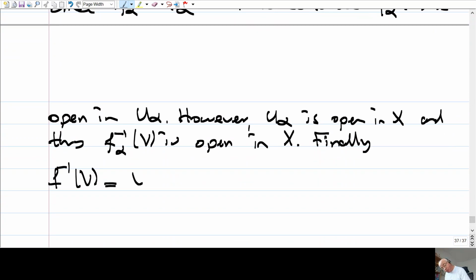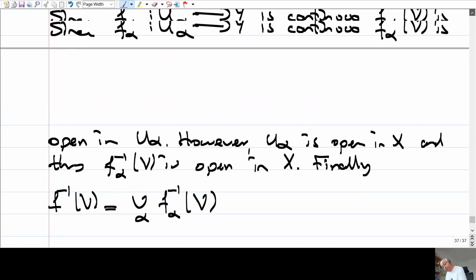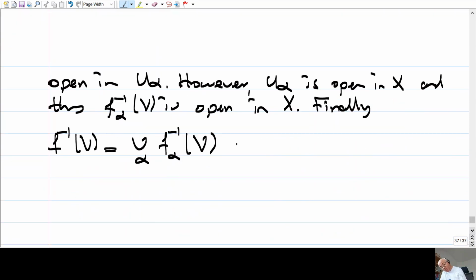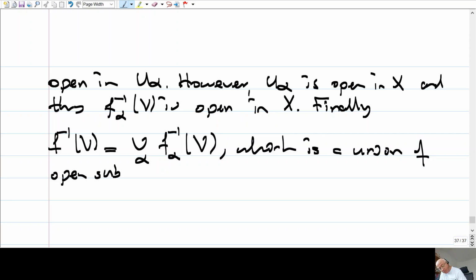So this is the union of f alpha inverse of v, which is a union of open subsets of x, and is also open.